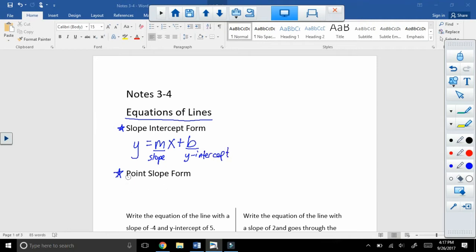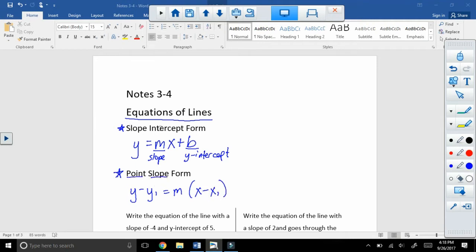The other form is one that I like a lot, and depending on your algebra experience, you may have used this a lot and you may not have, but I really prefer point-slope form, which is y minus y1 equals the slope times x minus x1. I like this a lot when you're given a point and the slope.